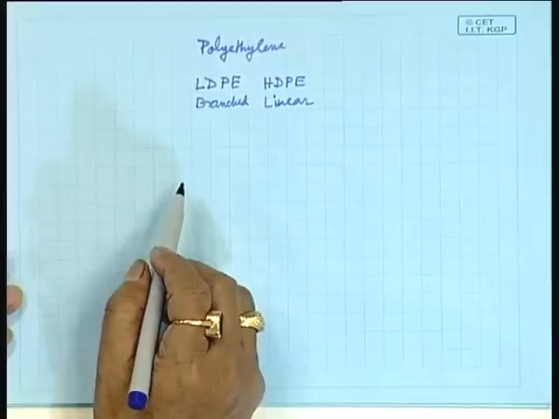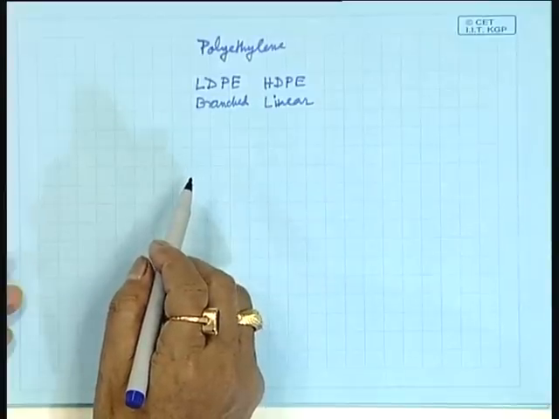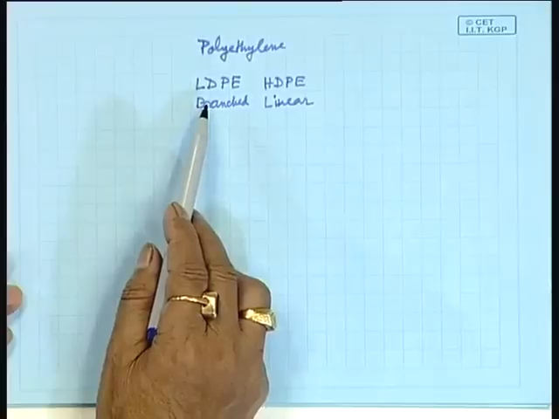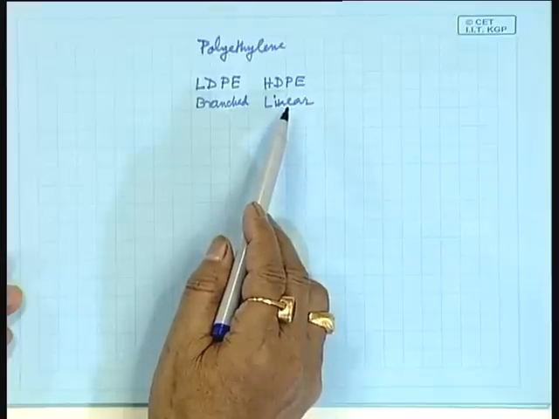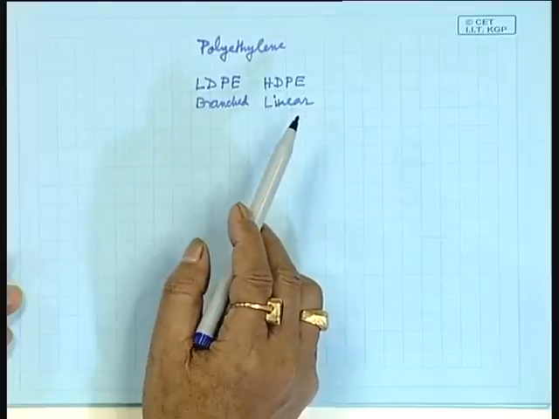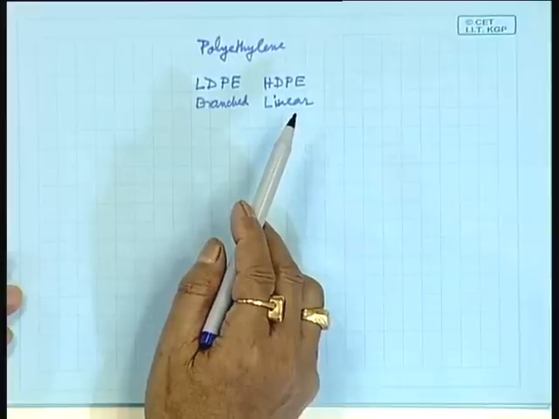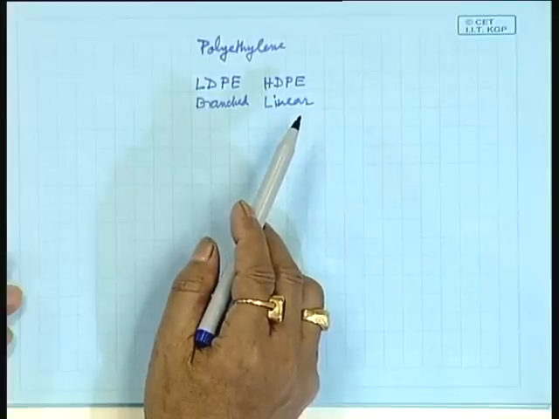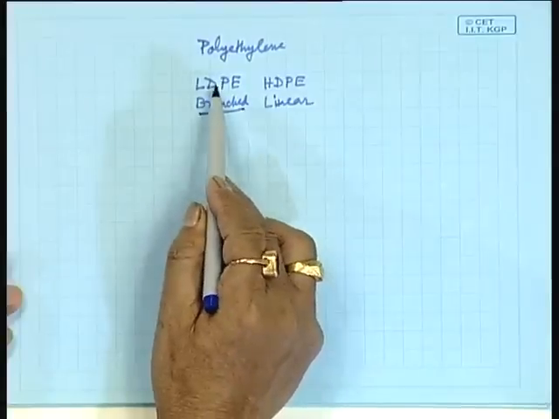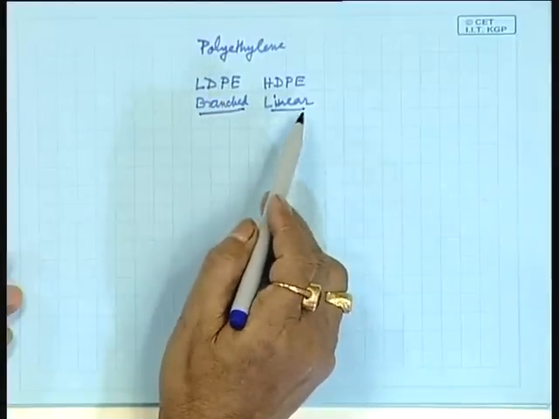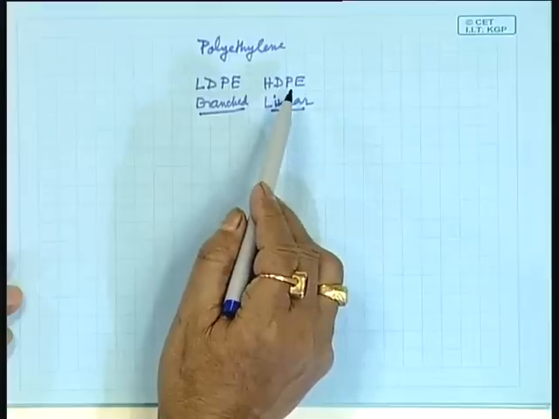Density becomes low due to the presence of short branches or long branches. So, the density of a polymer is controlled or influenced by the presence of branches. If there are no branches, there will be compaction, so density will be more. The bulk density of a compact system is more. So, LDPE is the branched one, so it is low density, and HDPE is linear, so it is high density.